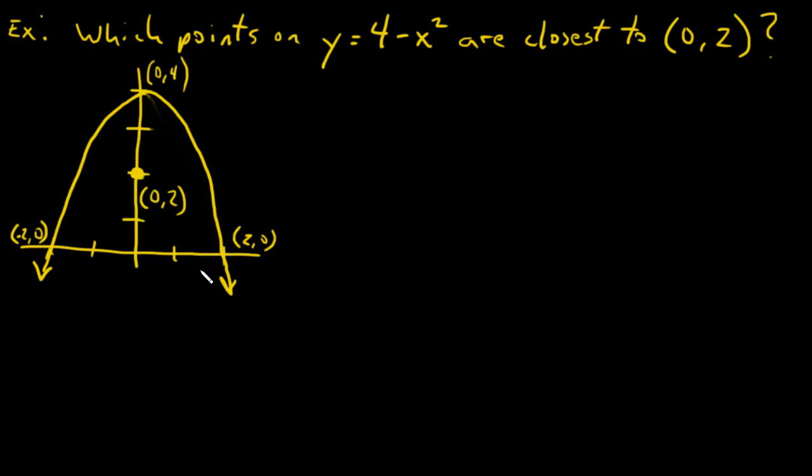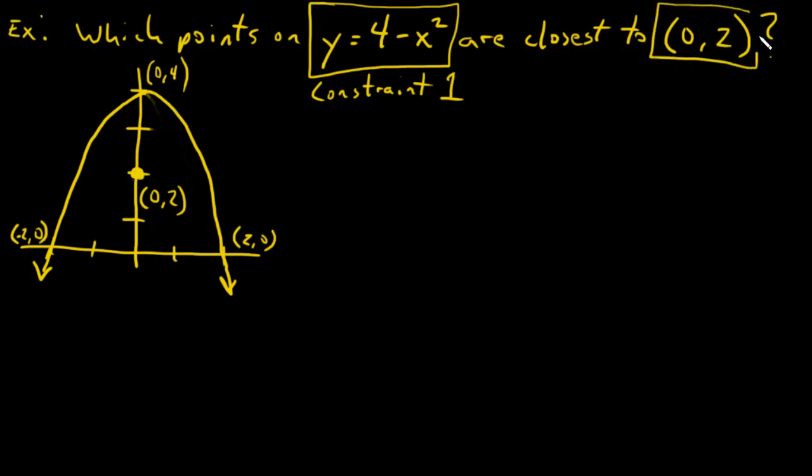Well, this one is a little tricky. We have to be a little creative with this. This right here is constraint 1. And this right here is going to be constraint 2. Why 2 constraints? Well, let's say I didn't have this one.